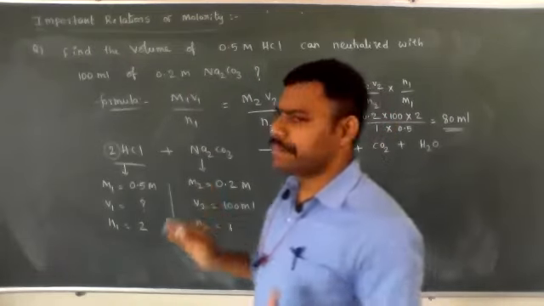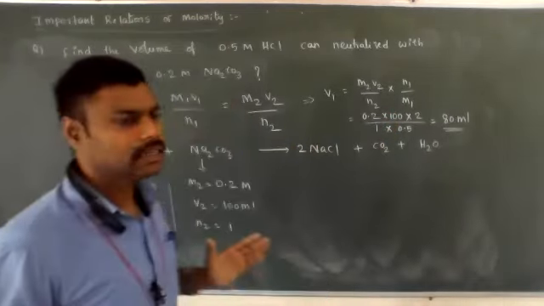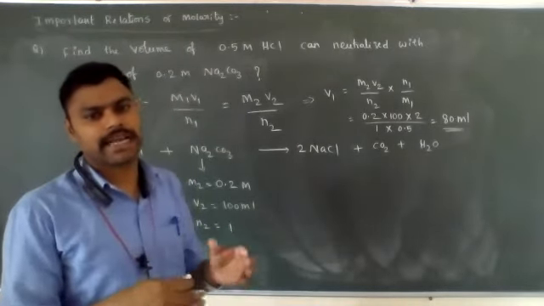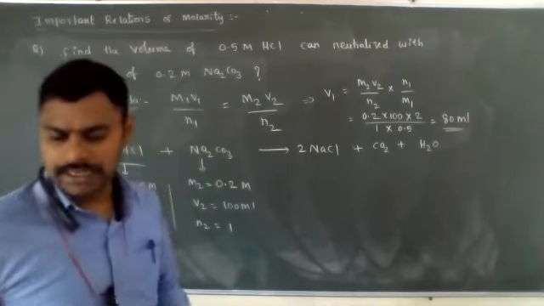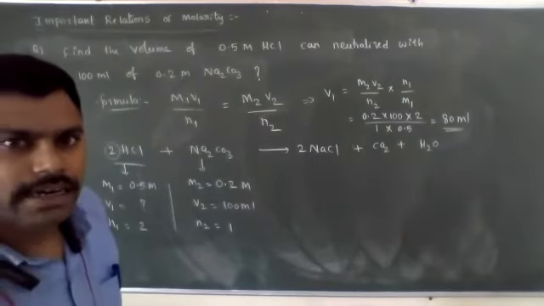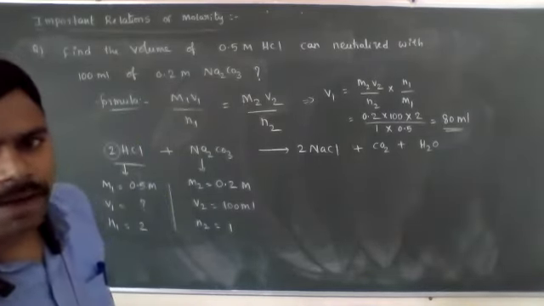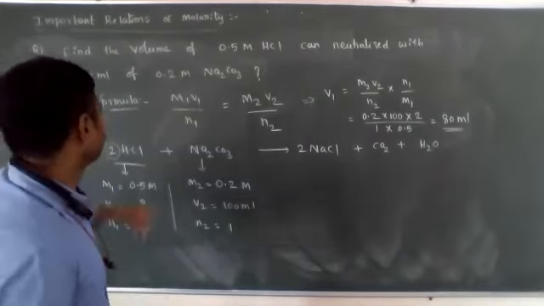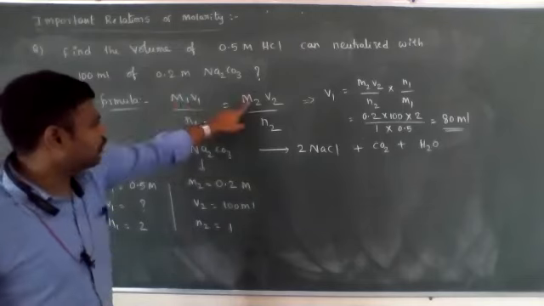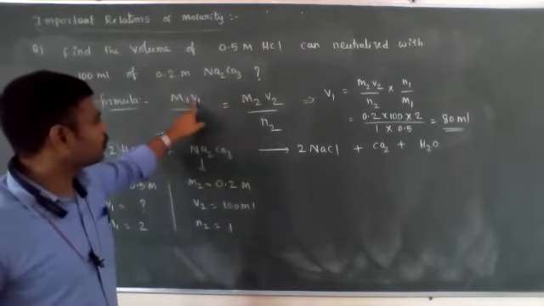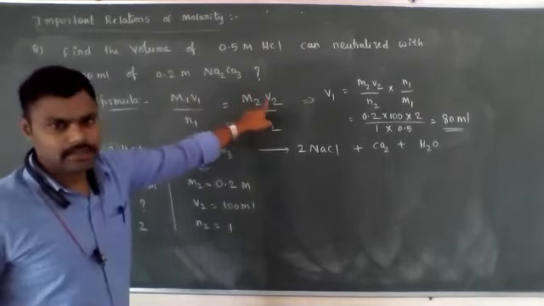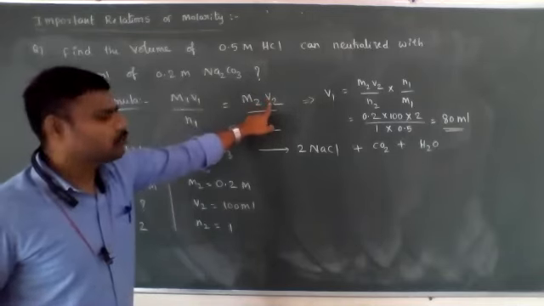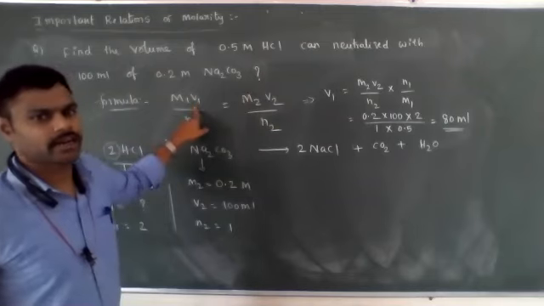So acid-base reactions and redox reactions. Redox reaction means oxidation and reduction, both reactions taking place in a reaction. Such kind of reactions are called redox reactions. So for balancing of redox reactions and some calculations, in the question M1, M2, V1 they will give, and V2 we need to find out, or sometimes V2 they will give, V1 we need to find out.